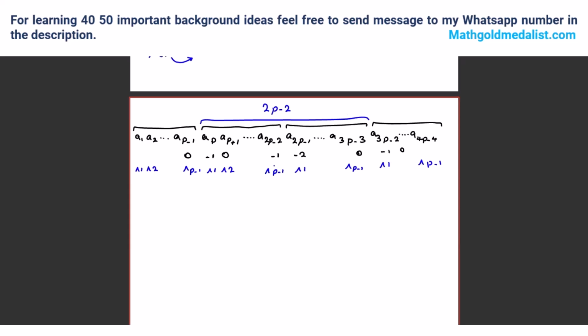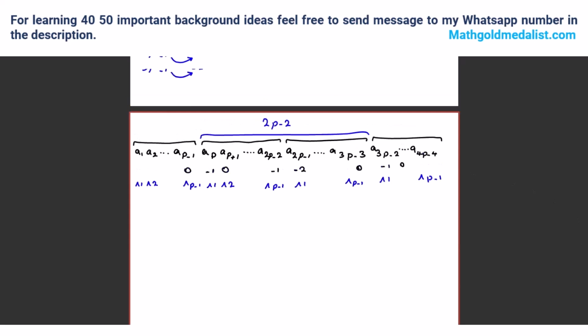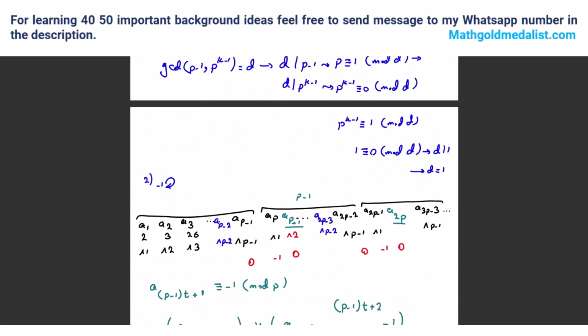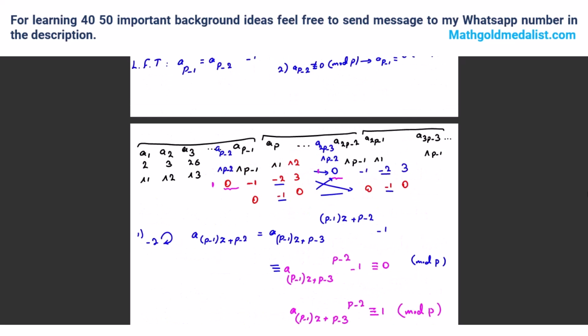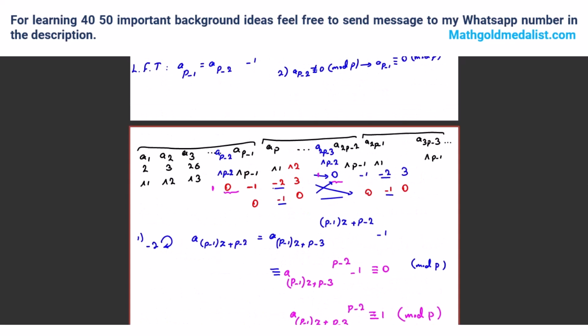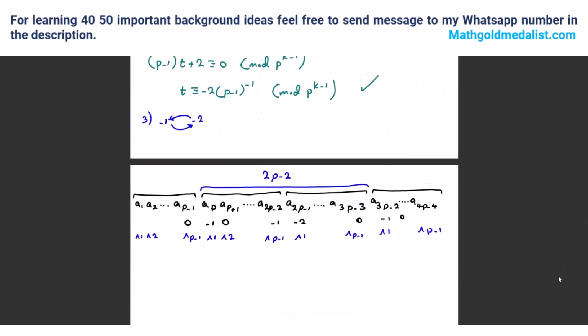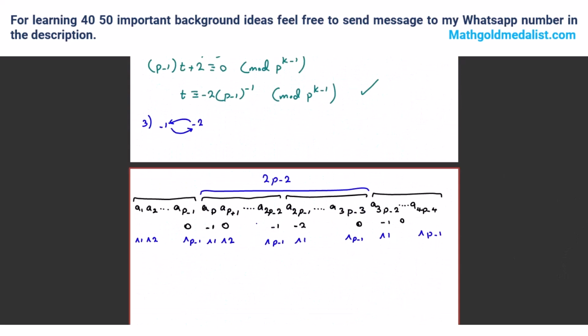Now, what number is good here? We want to find the one that we had. We said it is negative 2, negative 1, 0, 1. So we have 0 and 1. Okay, so this number is what? 2p minus 2, 2p minus 3, 2p minus 4.